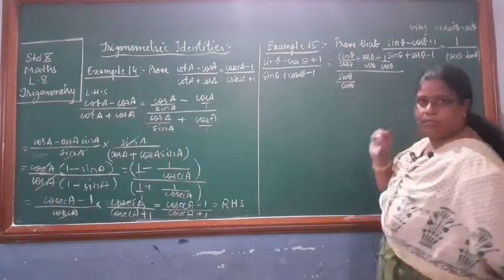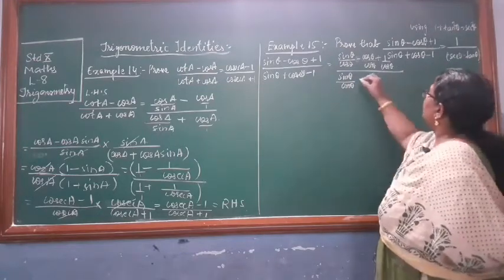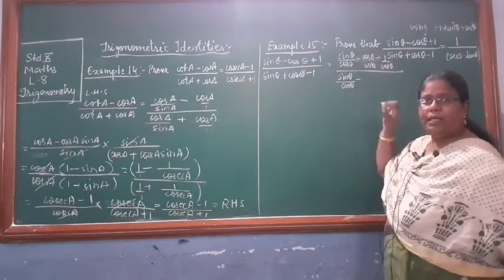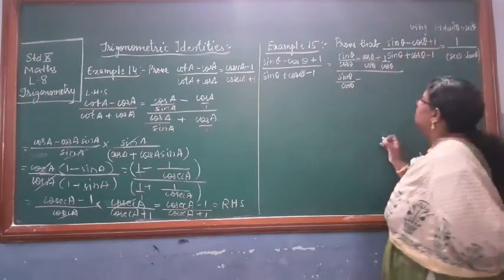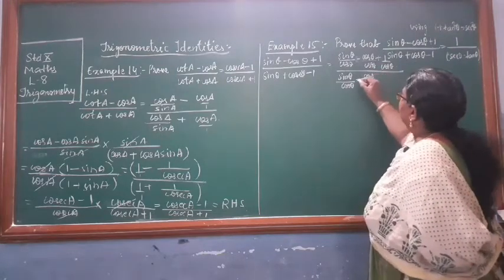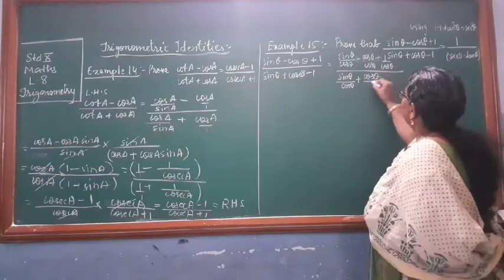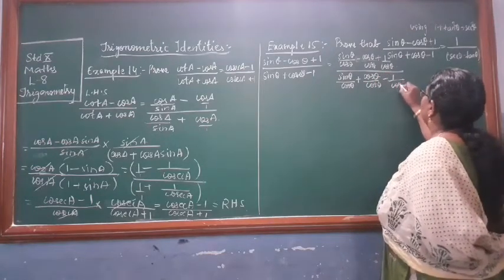I am dividing the whole numerator and denominator by cos. Why am I doing that? To convert it into tan and sec, because this is the identity which you are supposed to use. So sin theta by cos theta, here you have plus cos theta by cos theta minus 1 by cos theta.